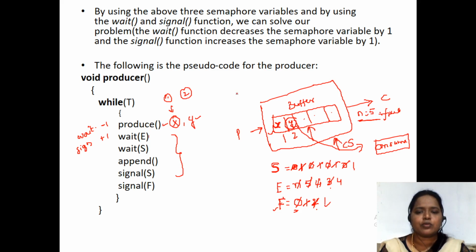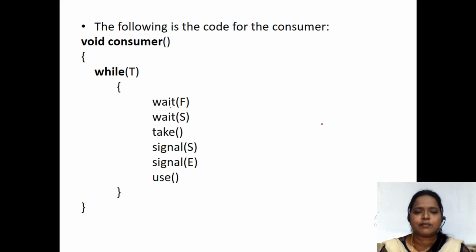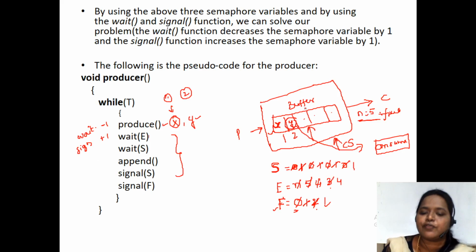Suppose we want to take another item, what are we going to do? First we have to take wait(F). So consumer code I am writing here. So here the first code is wait(F). So F will again become 0.